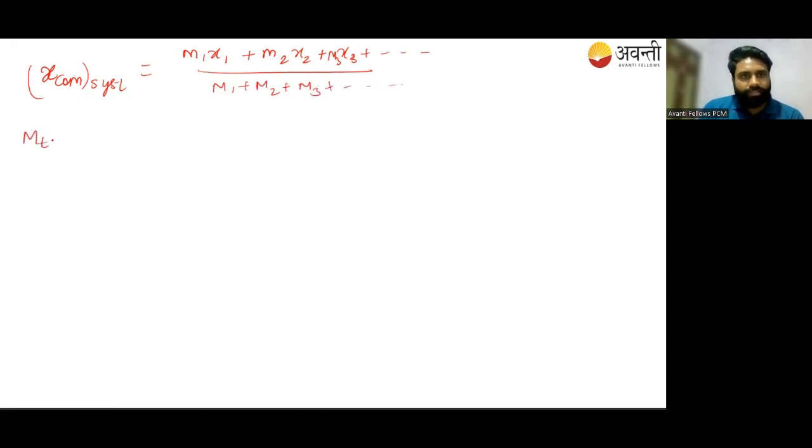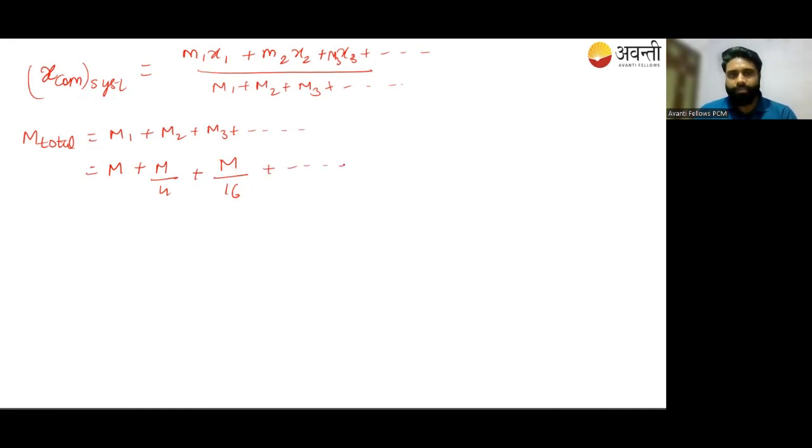So the total mass is m1 plus m2 plus m3 plus up to infinite. What is the value of mass m? It is capital M. Then it will become M by 4, again M by 4, so M by 16. This is going to be an infinite number of terms.